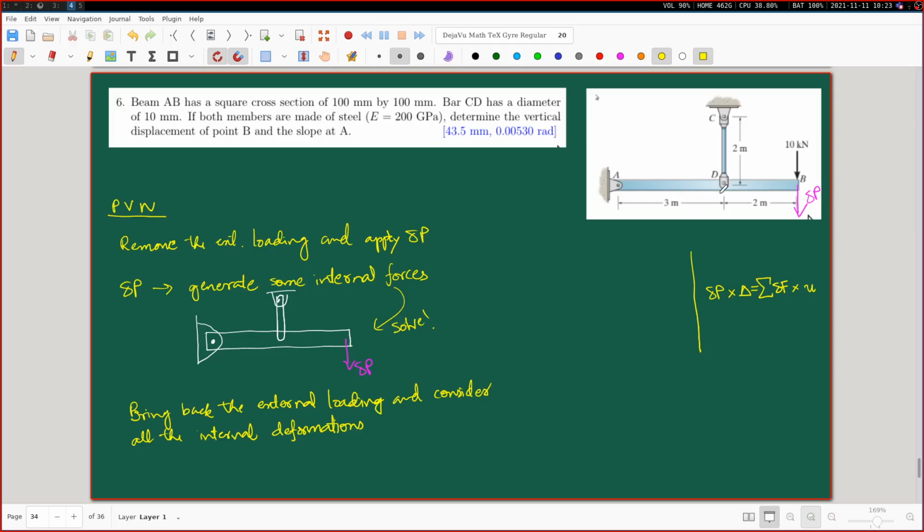Suppose I am asking you to reconsider this 10 kilonewton force which I had in my first step removed. Now I am asking you to bring that back, and when you bring this back, what is the kind of deformation this 10 kilonewton force is going to induce in this AB bar or this AB beam?